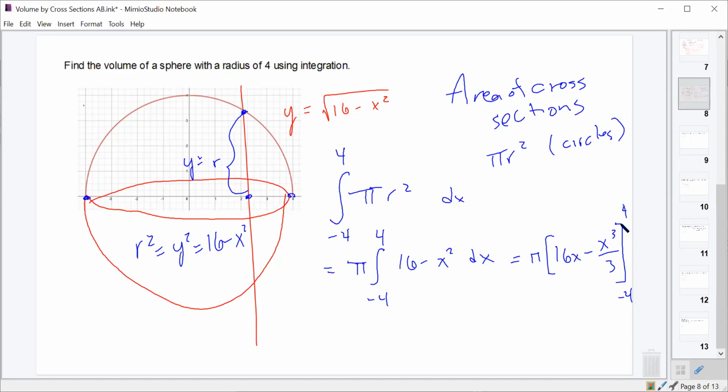Good or no? Good. Great. So plug it in. What do you get? You get pi times 64 minus 64 thirds minus -64 plus 64 thirds, which is what? 28 pi.